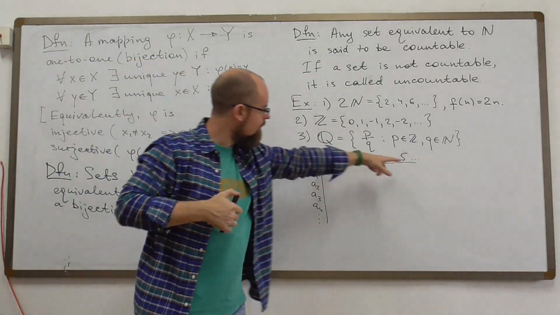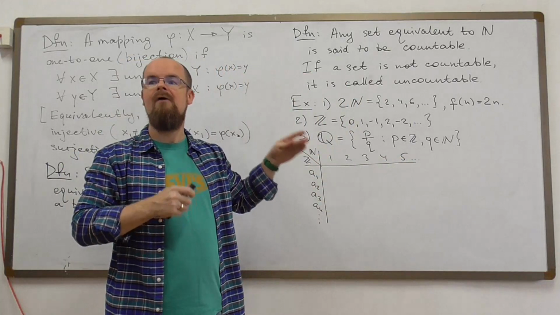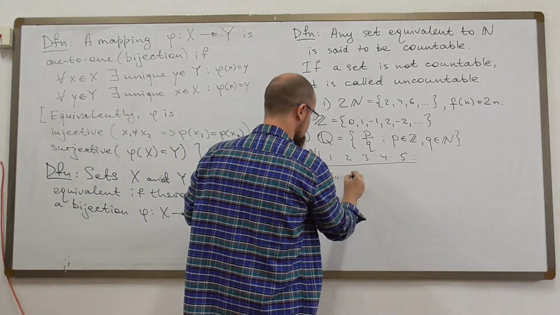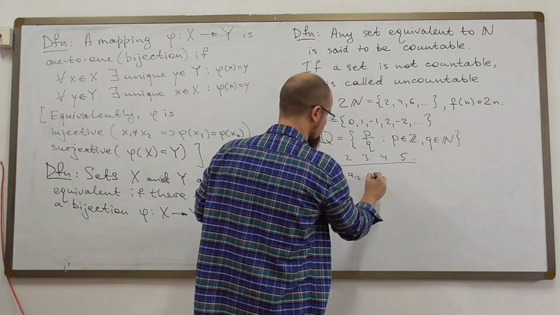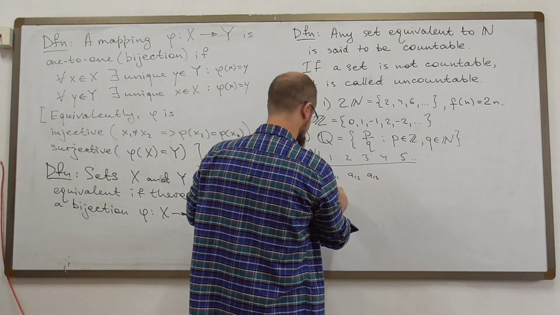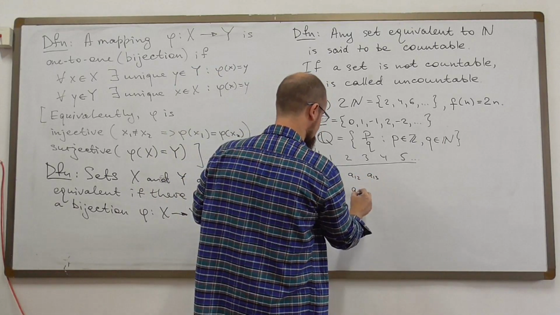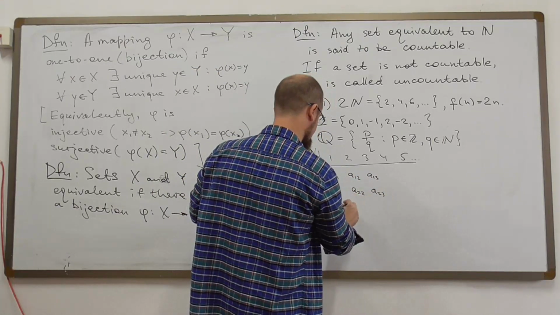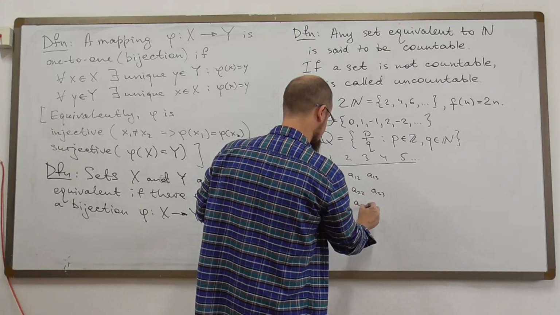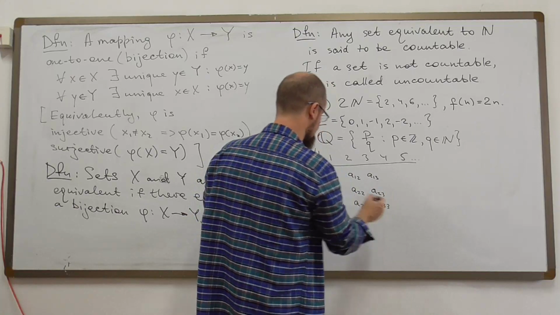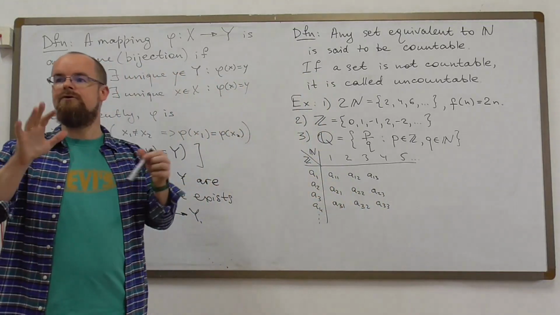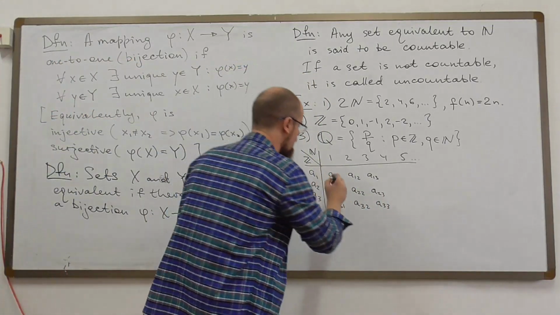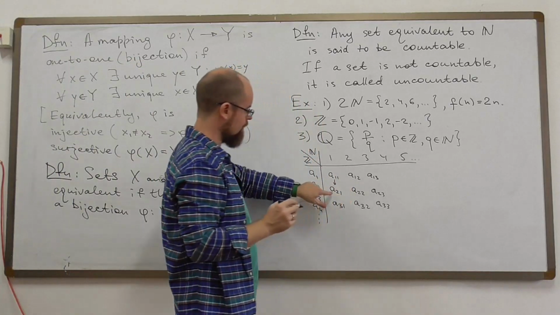And by construction, in this table, we will have all the rational numbers. Let me call them A11, A12, and so on. And now I will draw an algorithm for counting. I will start with A11 and go down to A21.